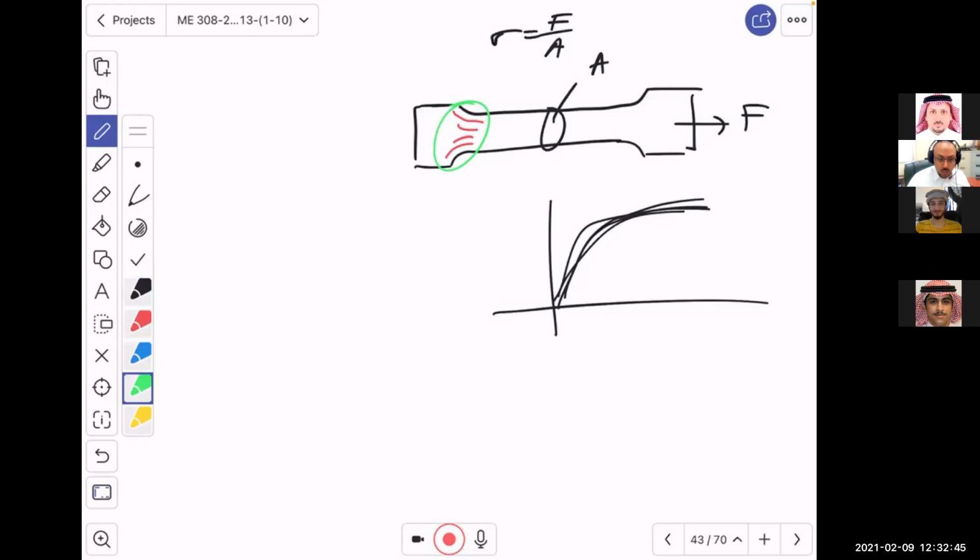How? Well, one reason is because this is designed very nicely to minimize the concentration of the stress, and because this has a bigger dimension than this one, you still hope that the stress generated here is bigger than here, and for that reason it will fail over there. So failure will happen here.